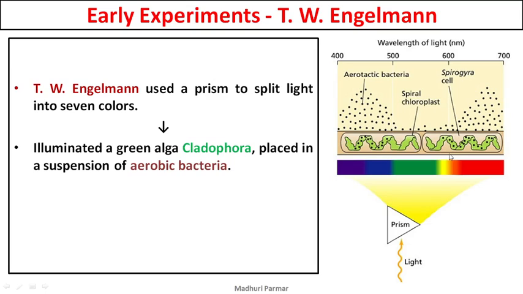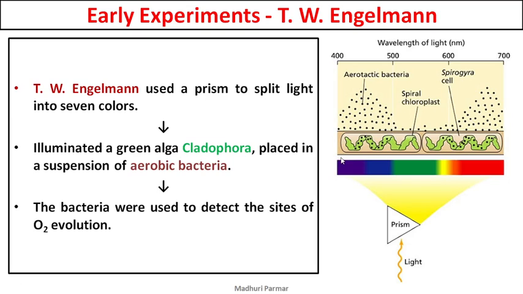Cladophora is nothing but a filamentous algae which he placed at the bottom. Above this Cladophora, he added a culture or suspension of aerobic bacteria. Aerobic bacteria, as the name suggests, do aerobic respiration, which means respiration which requires oxygen. Clear? Now, to this setup, when he illuminated, he just waited and watched.